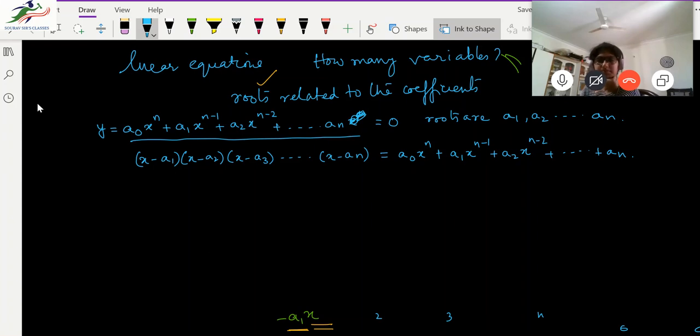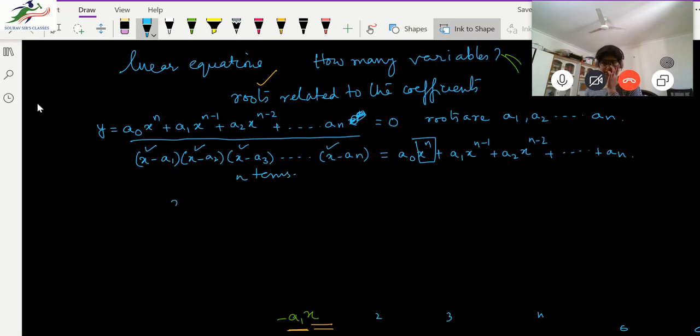So now what I'm doing is I want to equate the coefficients of all the powers of x. So I start off with x to the power n. Now how can I get x to the power n? So I will get x to the power n by multiplying all the x terms that are there, right?